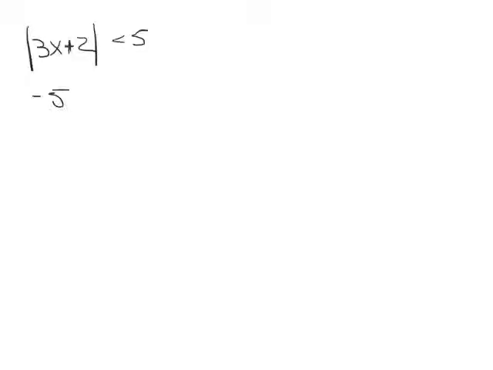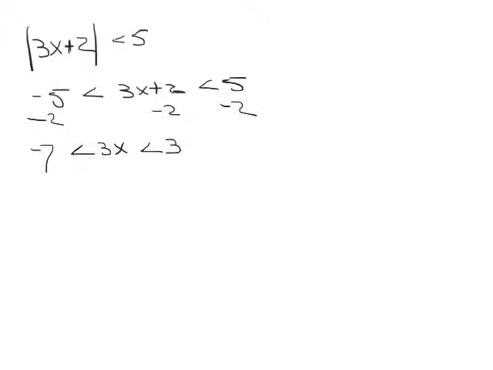So I know I'm going to have -5 is less than 3x + 2, which is less than 5. Subtract 2, subtract 2, subtract 2. -7 is less than 3x, which is less than 3. Divide everything by 3. -7/3 is less than x, which is less than 1.